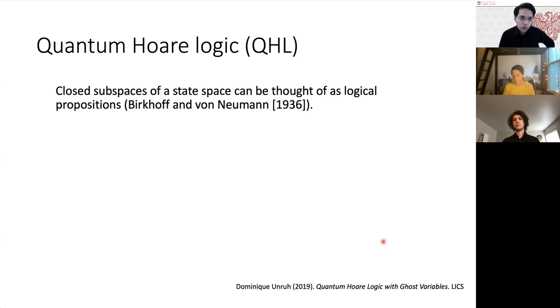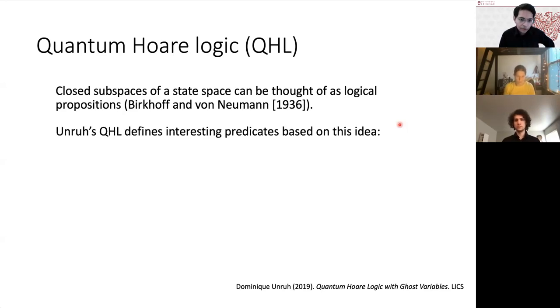But the general notion behind a lot of these quantum Hoare logics comes from a very old idea from Birkhoff and von Neumann from 1936, where it's established that subspaces of a state space can be thought of as logical propositions. So that's what most of these logics build upon.